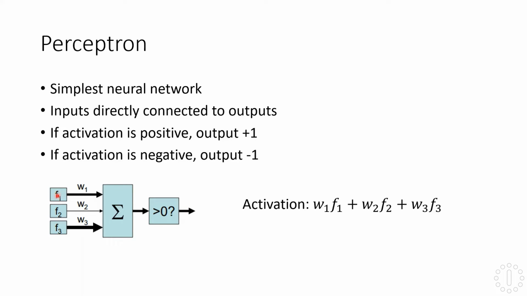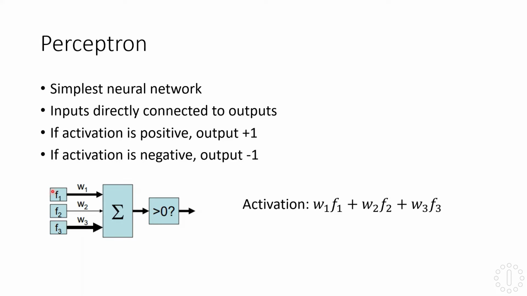The way this neural network works is that each input is connected to the output with some given weight, and then in the output node we compute the sum of the product of each input and weight, which in the end gives us the final result that we're looking for.